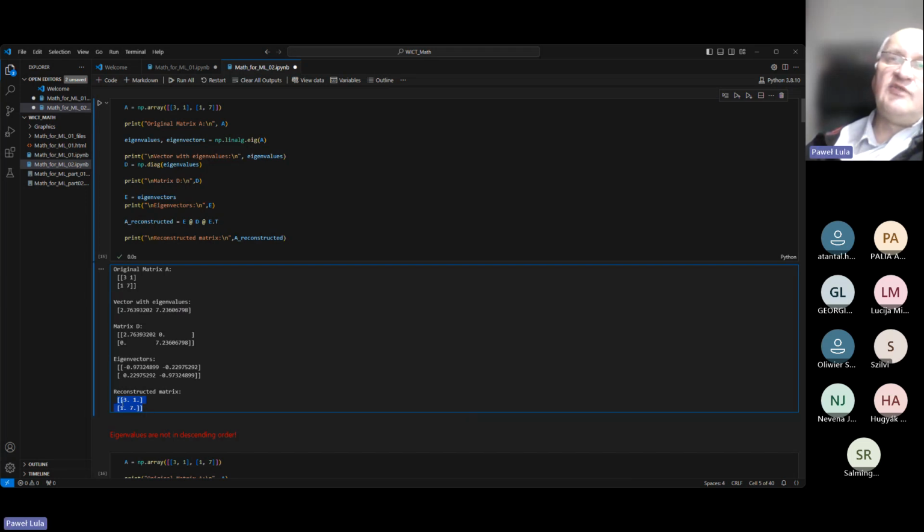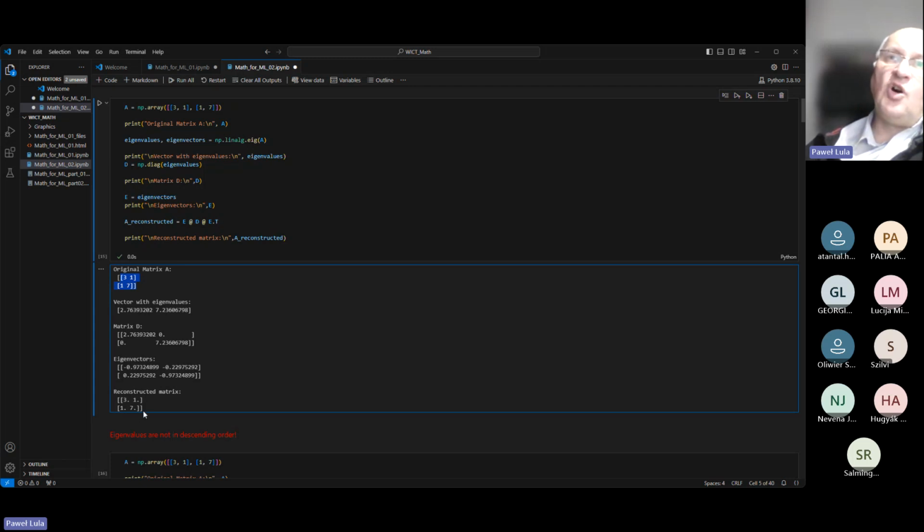Please check that this matrix is equal to this matrix which we have at the beginning, 3, 1, 1, 7. Of course, the type of elements is different, because here it was a matrix with integer values, and these matrices have real values, not integer values.